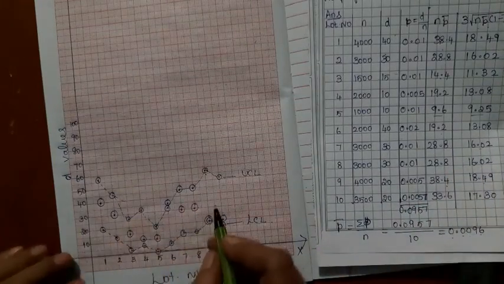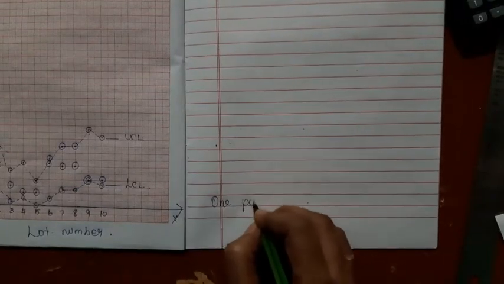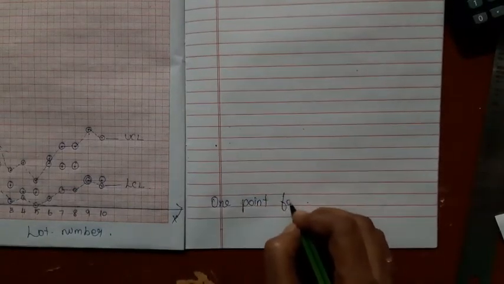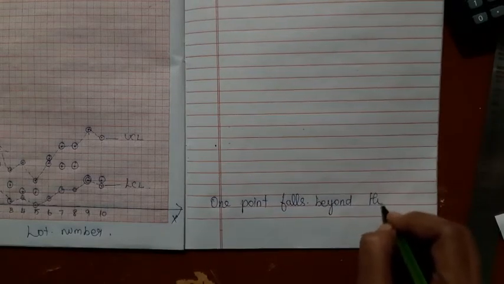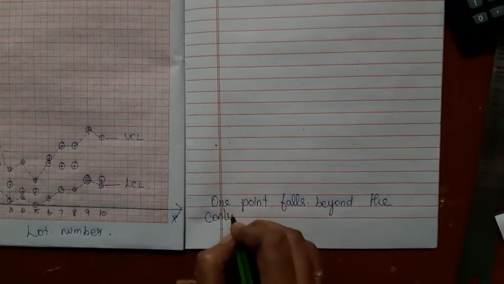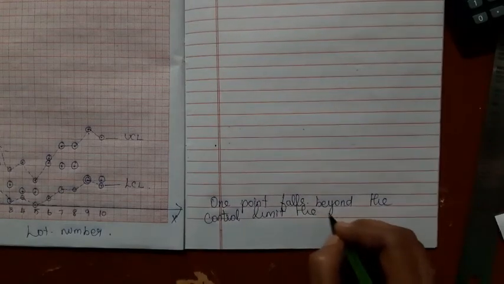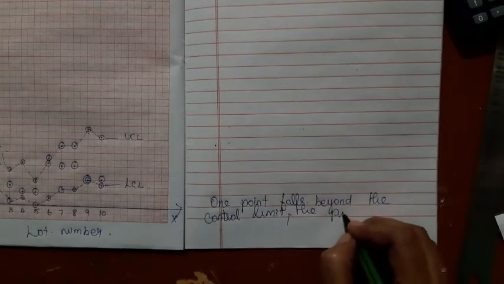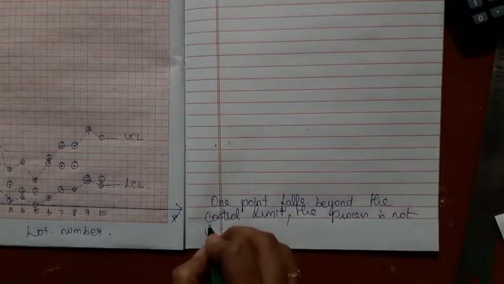So, one point is falling beyond the control limit. So, the process is not in control. See, one point on the chart falls beyond the control limit. So, the process is not in control.